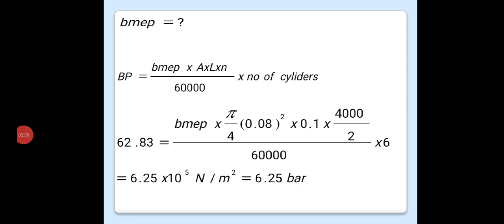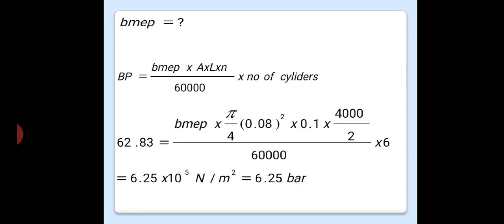Second, we have to calculate brake mean effective pressure. For calculating brake mean effective pressure, we have the formula BP is equal to BMEP L A N divided by 60,000 into number of cylinders. In this problem, first we have calculated the brake power.